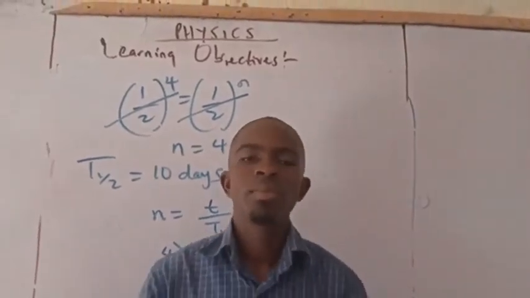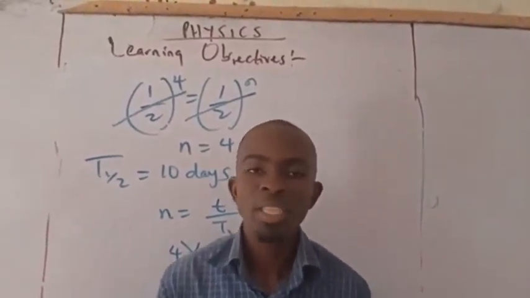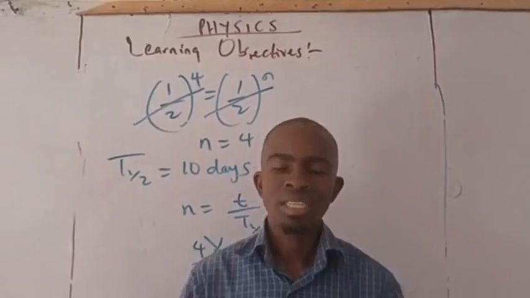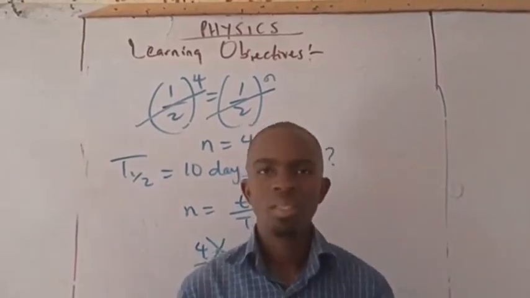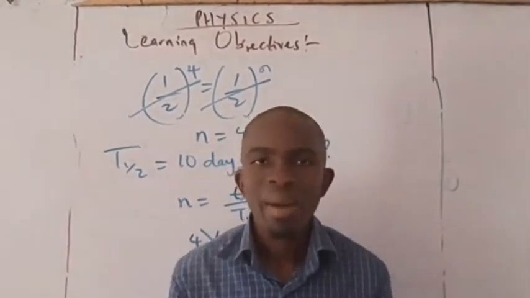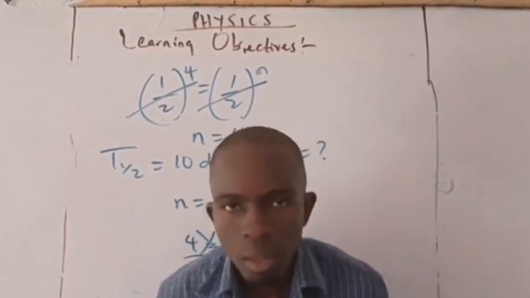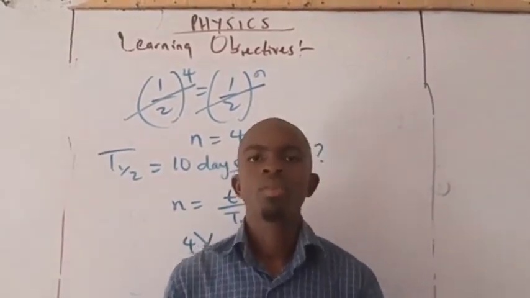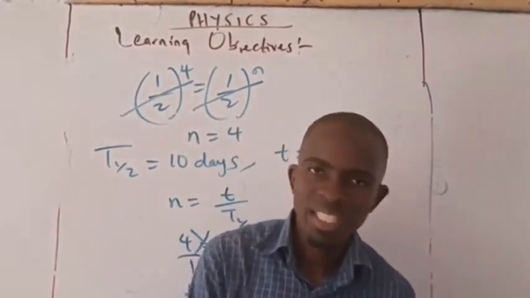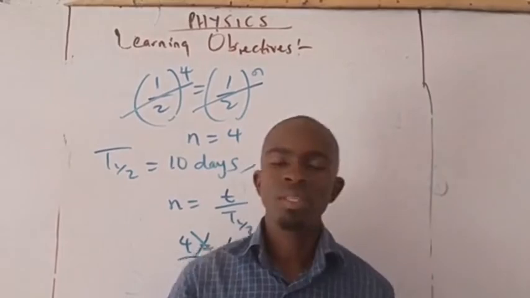In summary, radioactivity is a spontaneous decay of an unstable nucleus of the atom of an element by the emission of alpha, beta and gamma radiation with the production of energy, while radioactive elements are elements that undergo radioactivity.